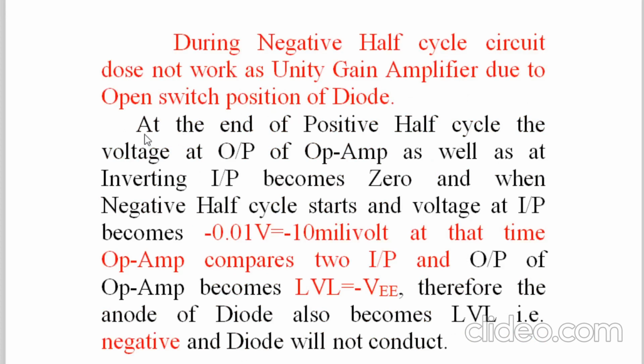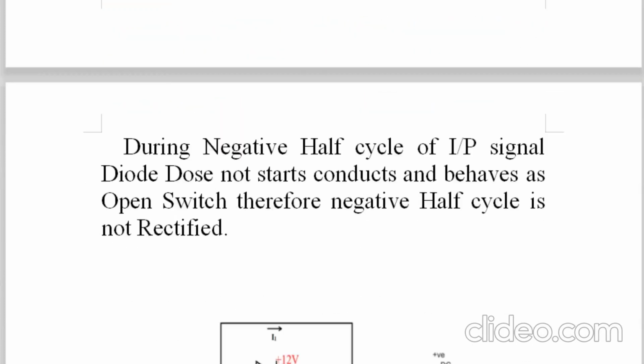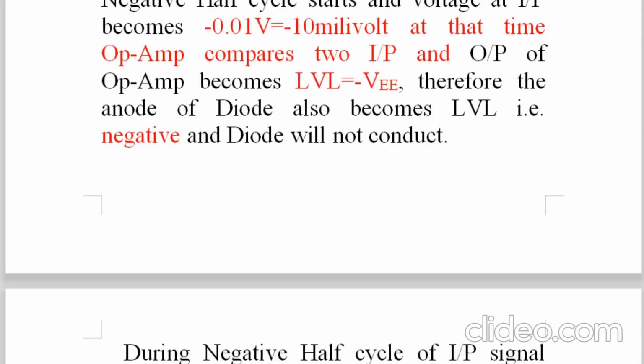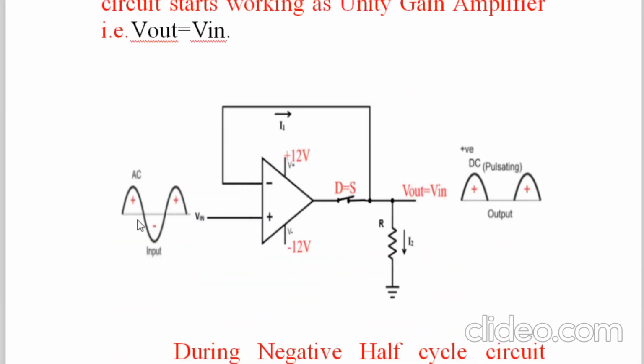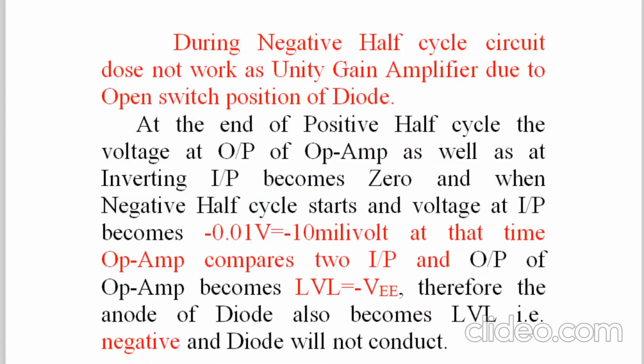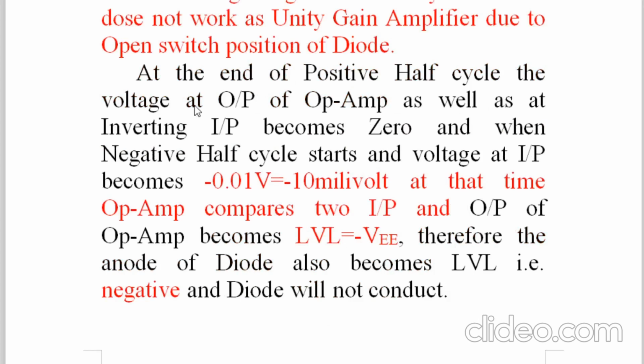Now see here, at the end of the positive half cycle, the voltage at the output of the op-amp as well as at the inverting input of the op-amp becomes zero. Here this is 0 and that is also 0.